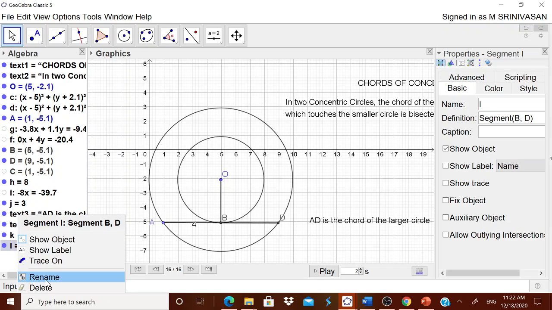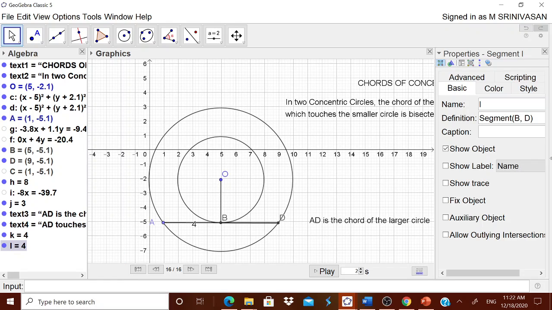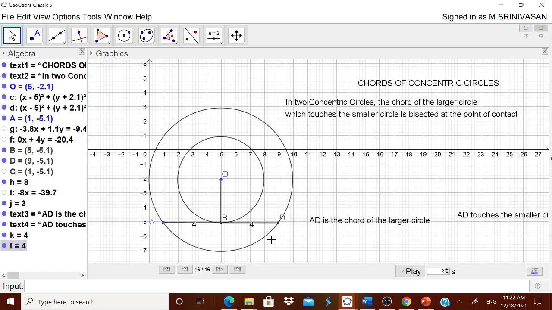Again, this L also, go to the object properties. Then once again ask it to show its value. Showing the value is available in the algebra view also, but you have to be very careful while selecting it. Escape. Then I will come back, and this is 4 and 4. Well, therefore I am coming back to geometry.